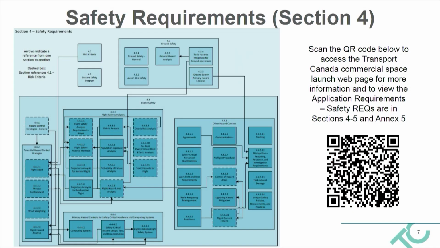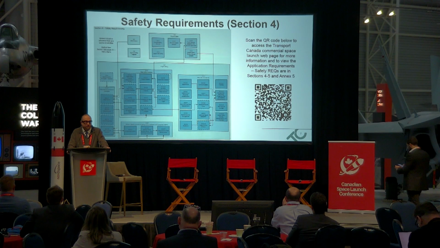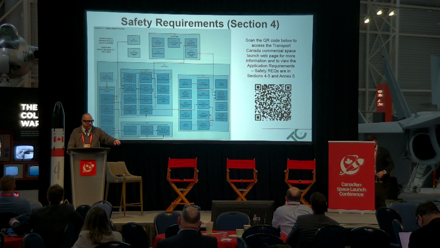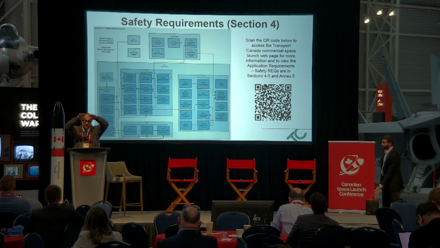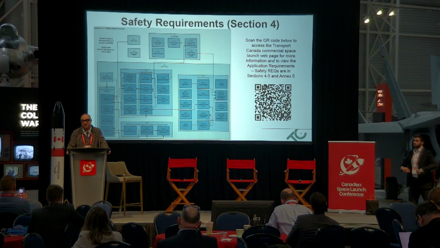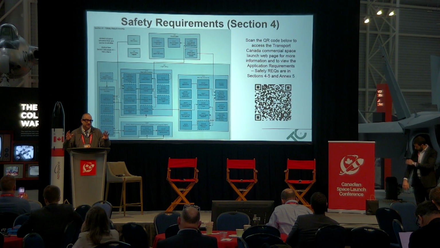And I think I'll just end with this one. If you scan that QR link, it is the same one Carrie showed. You'll have the requirements. There are 4 sections to it. You're not supposed to be able to read all those things, but it shows that big blue box at the bottom. That's flight safety. So it shows how important flight safety is.